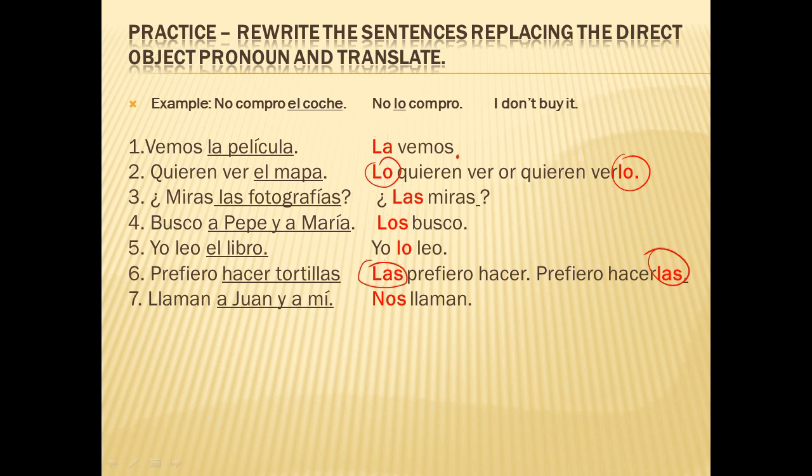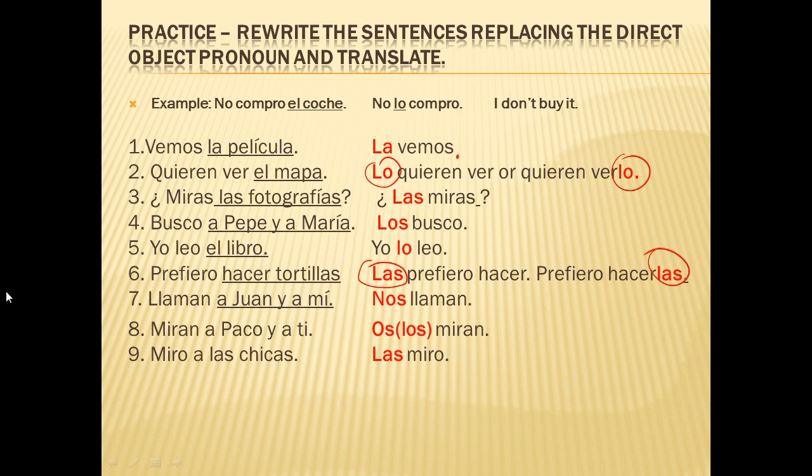Number seven, nos llaman, okay, they call us, or we're not sure if it's they, or it could be you call us, because there's no pronouns there. Number eight, os miran, or los miran can be they look at us, they look at you.